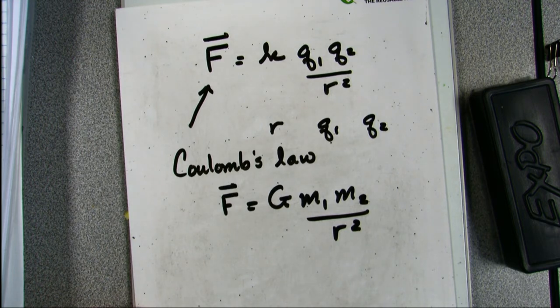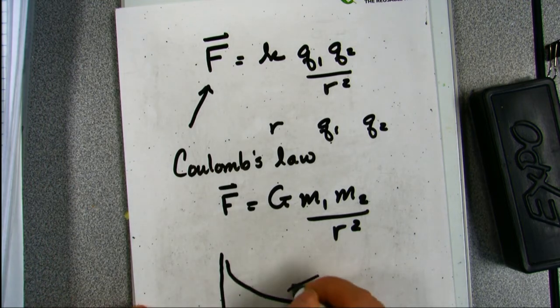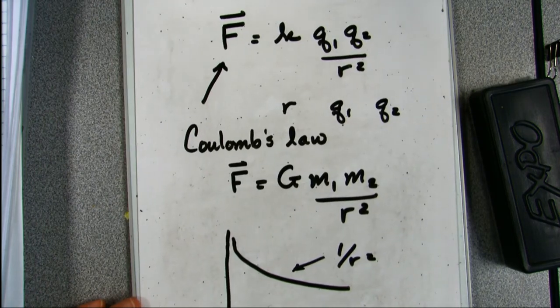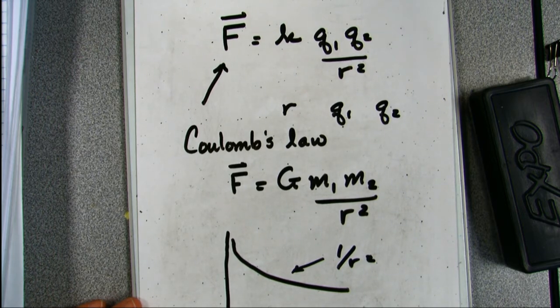They're both going to behave as 1 over r squared, so I do have a distance effect on my charges. The magnitude of my force is going to be highest as I'm closer to it, and it's going to fall off as I get further away. And that curve is going to go as 1 over r squared, whether I'm dealing with an electrostatic force or a gravitational force.